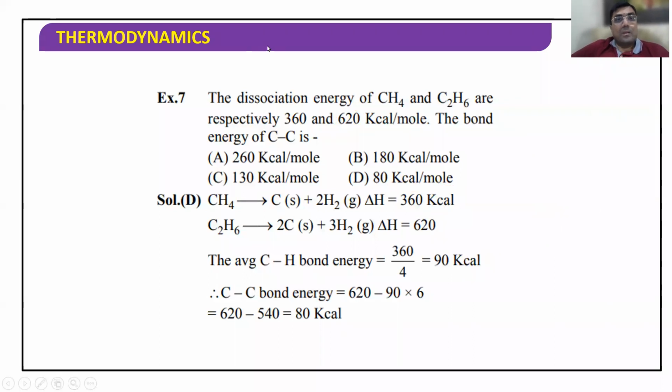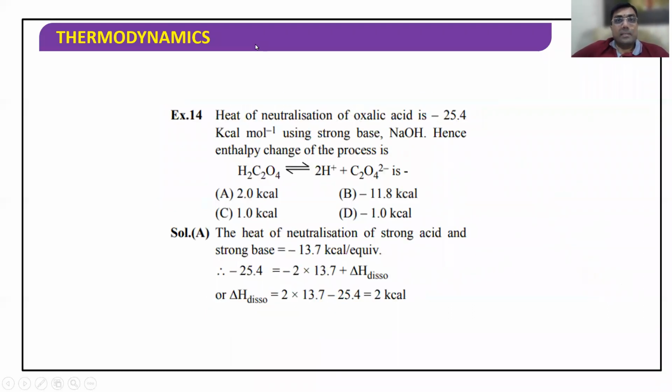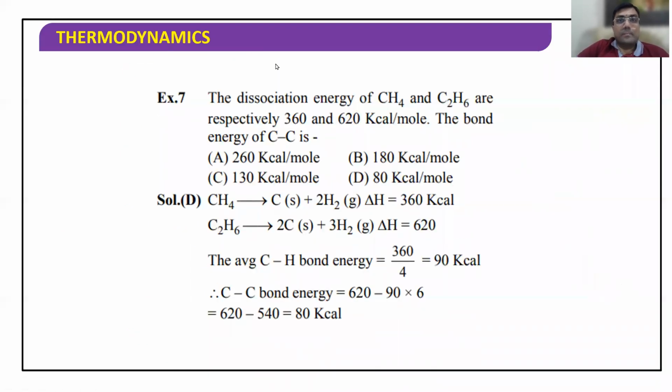Now you can also do one thing, I'll tell you another easy way. Just listen. You write like this: delta H is equal to the bond energy of reactants minus the bond energy of products. Clear or not? You can write like this.